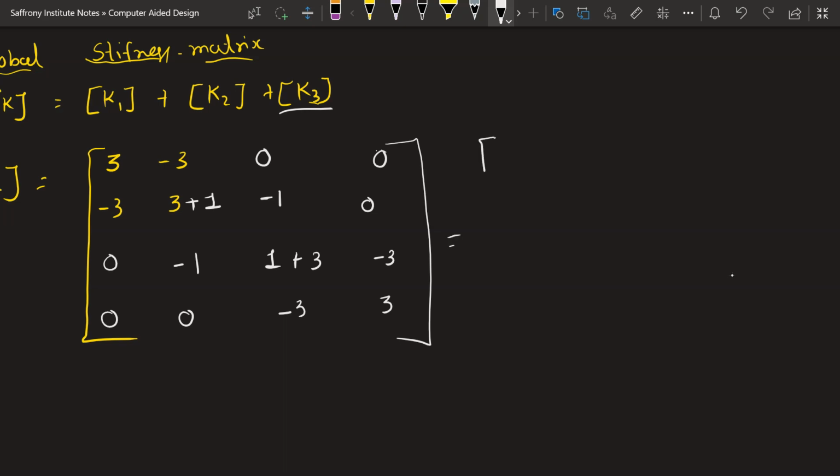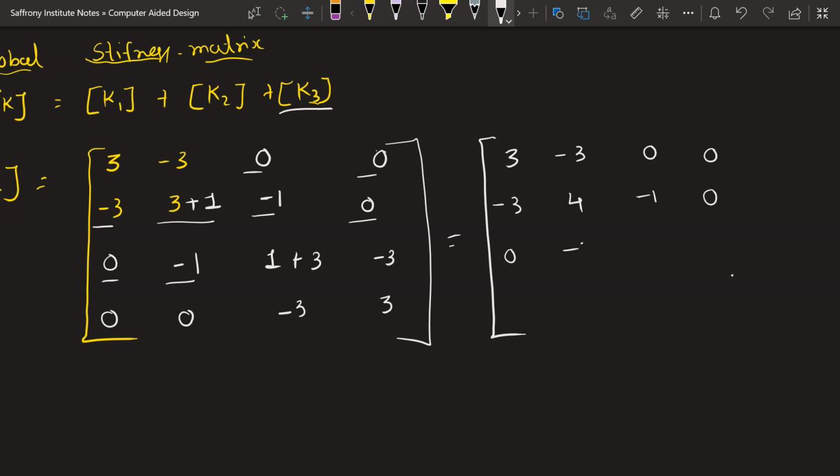Now simplifying this matrix, what we are getting: 3, minus 3, 0, 0; minus 3, 3 plus 1 equals 4, minus 1, 0; 0, minus 1, 1 plus 3 equals 4, minus 3; 0, 0, minus 3 and plus 3.